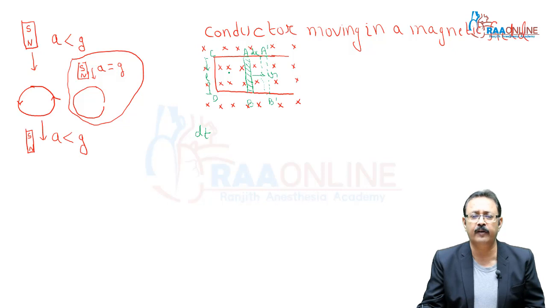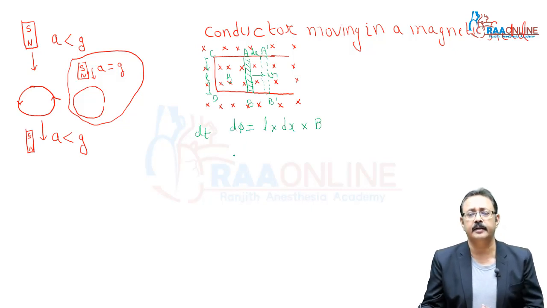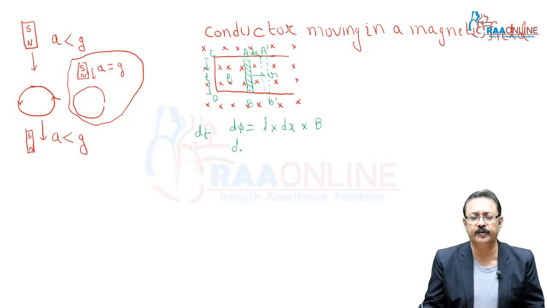If flux density is B, it means in unit area the flux is B. This area is L into dx. Flux related to this area is area into flux density, so the change in flux d phi is B L dx. This change occurred in dt seconds, so dividing both sides by dt, we get the rate of change of flux, d phi by dt.